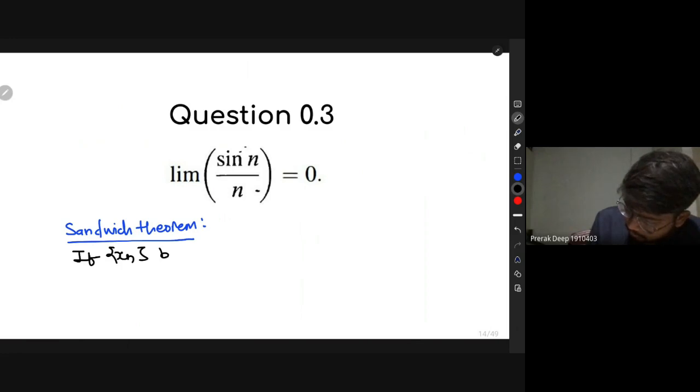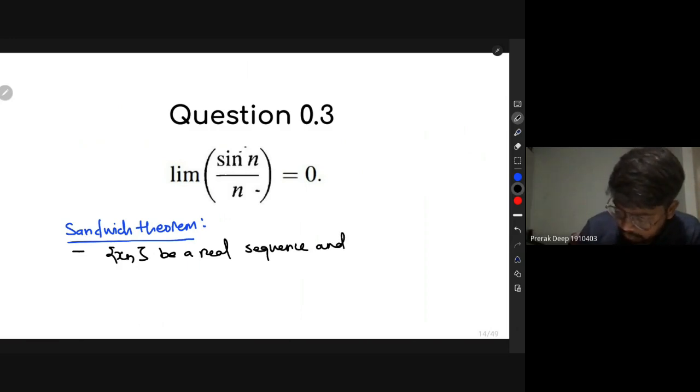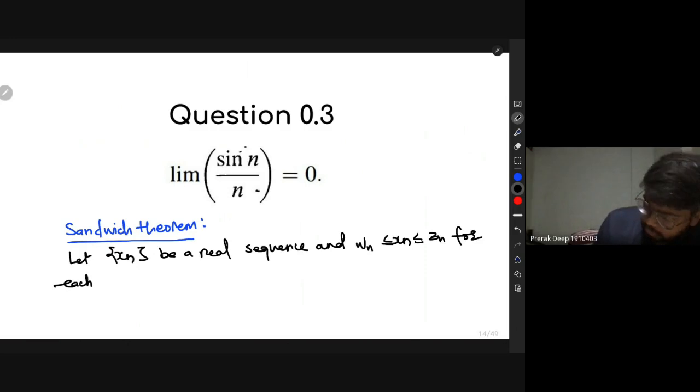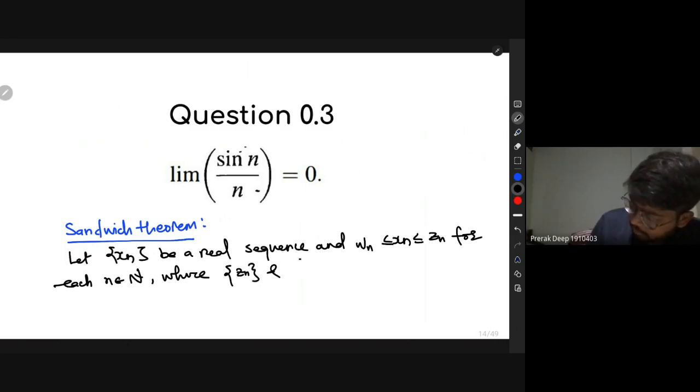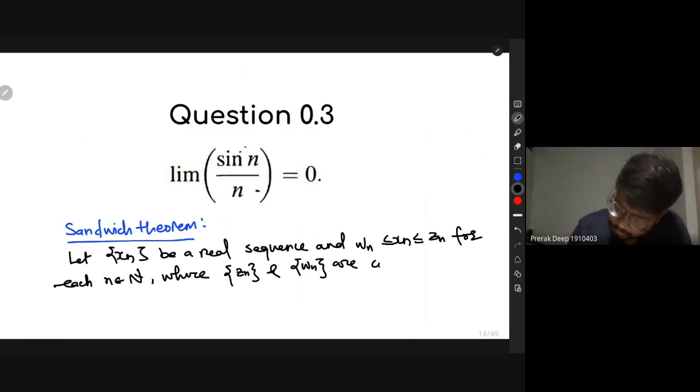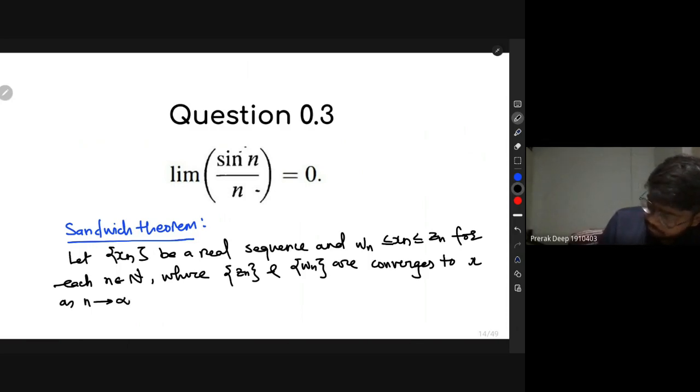Let xn be a real sequence, and xn is bounded by some wn and zn for each n in natural numbers, where the sequences zn and wn are convergent and converge to x as n tends to infinity.